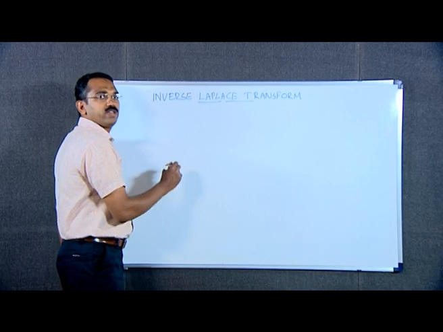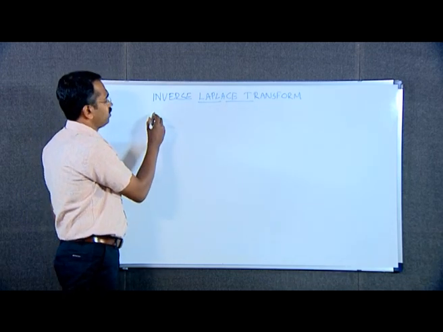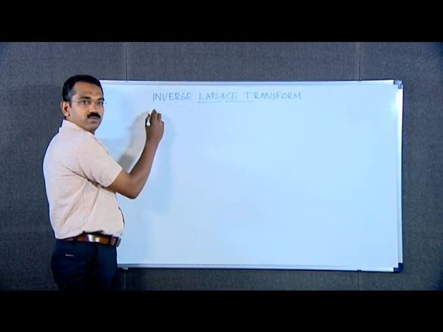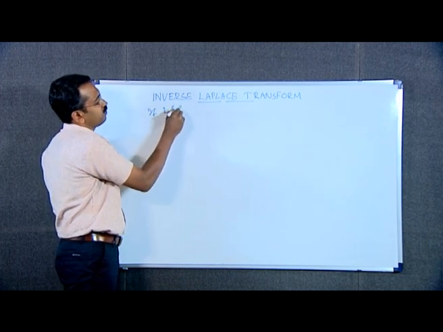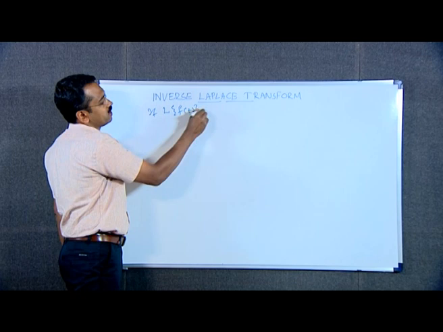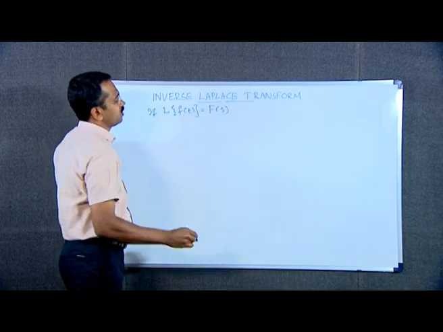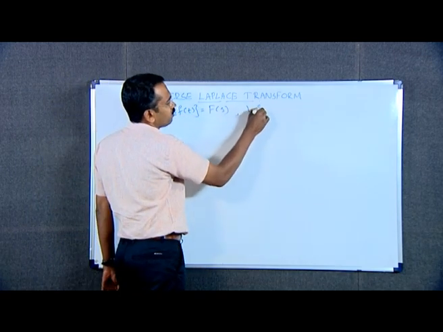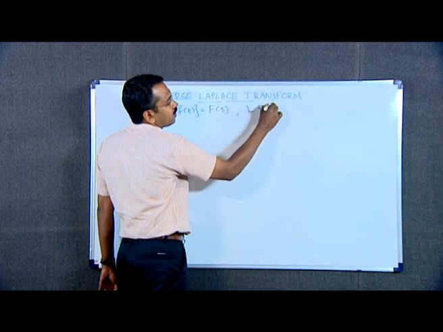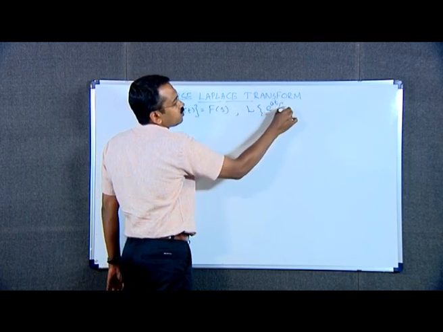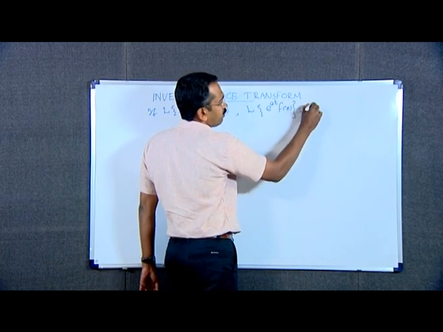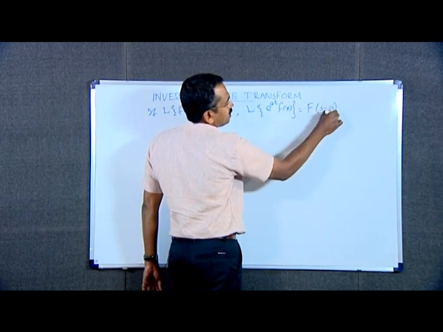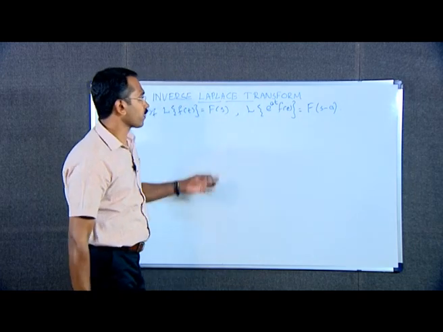Now we have the first shifting theorem for Laplace transform: if Laplace transform of a function f of t is equal to F of s, then the Laplace transform of the function multiplied by e raised to at is equal to F of s minus a. This is the first shifting theorem.